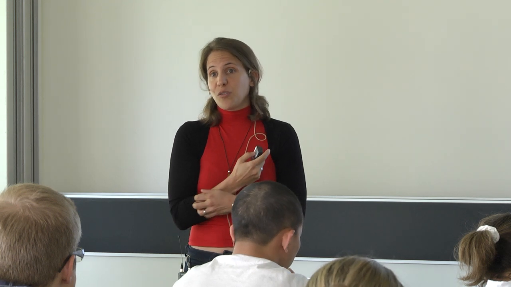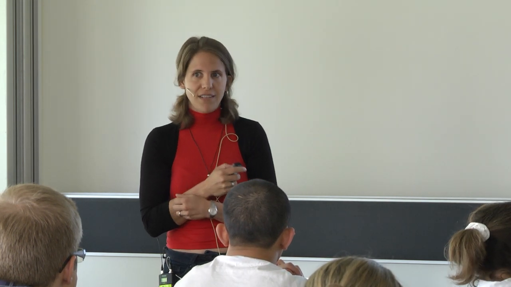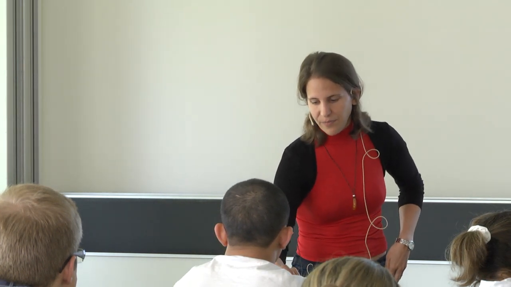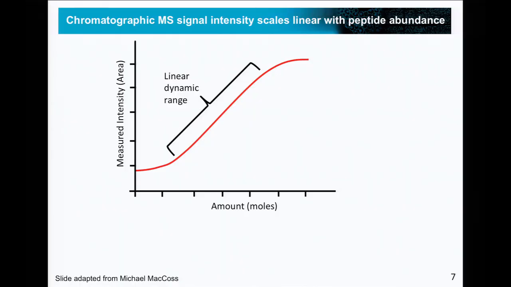And for such a very nice and beautiful example as I show here, this now seems very logical and sounds very easy and straightforward. However, there's a problem with this range of linearity. And the problem is that in reality, this range of linearity only holds true for a specific concentration range and for a specific mass spectrometric intensity range. And whenever you are above this range of linearity, you run into issues with detector saturation at the upper end.